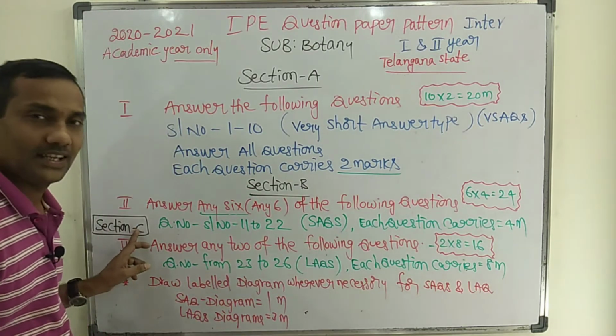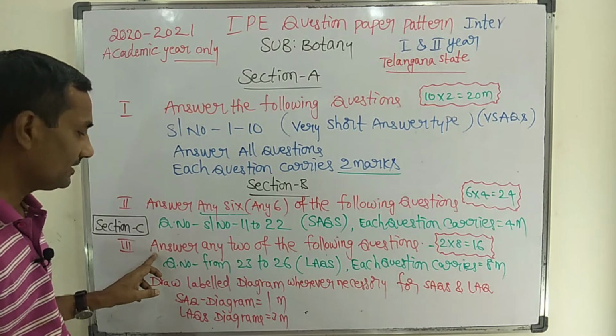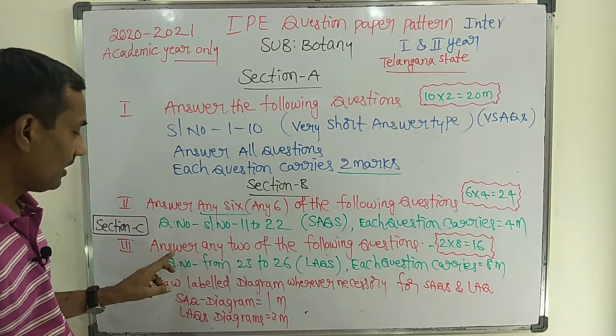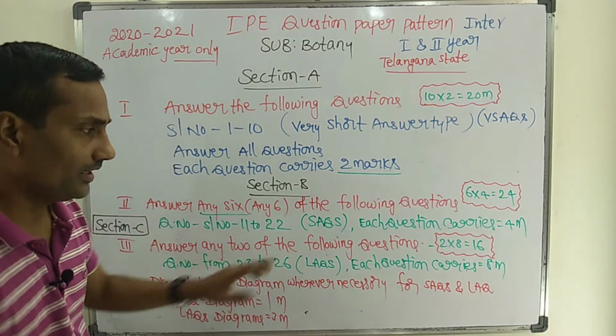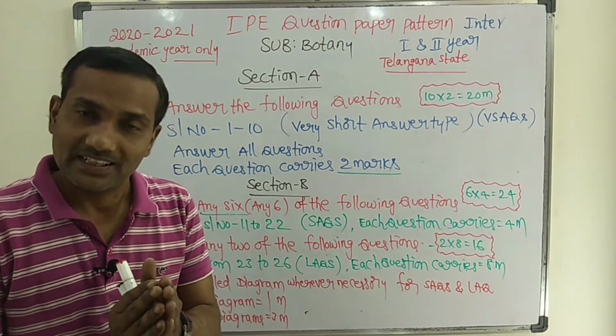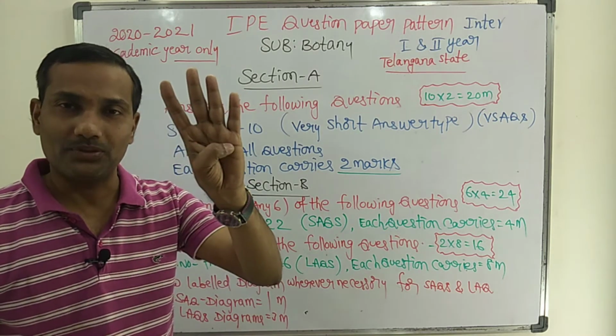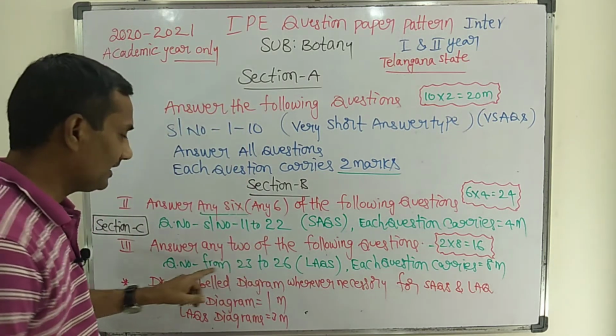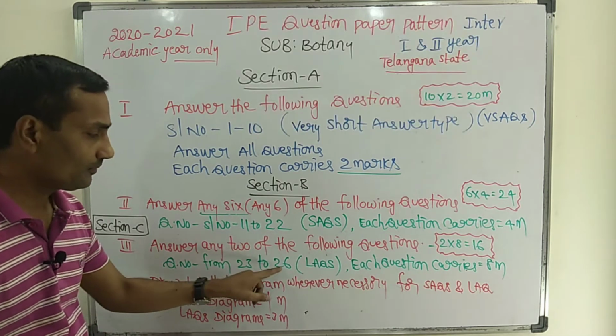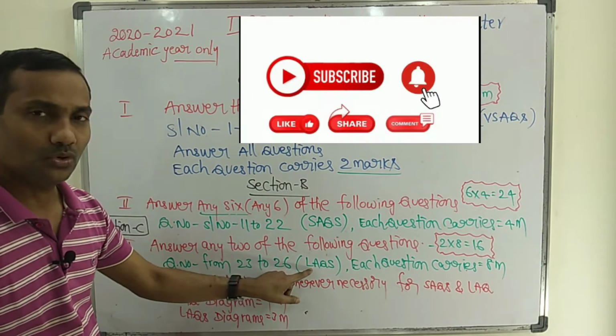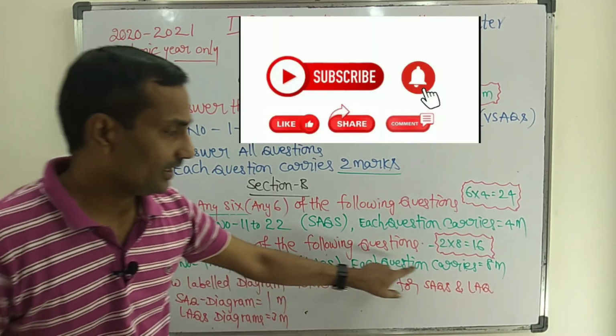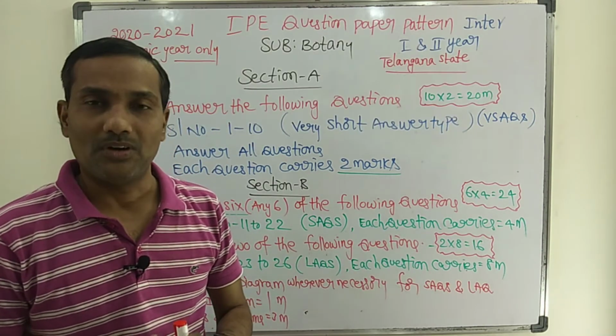Next, section C, the third section: answer any 2 of the following questions. In section C, there will be 4 questions, numbers 23 to 26. These are long answer questions, and each question carries 8 marks.